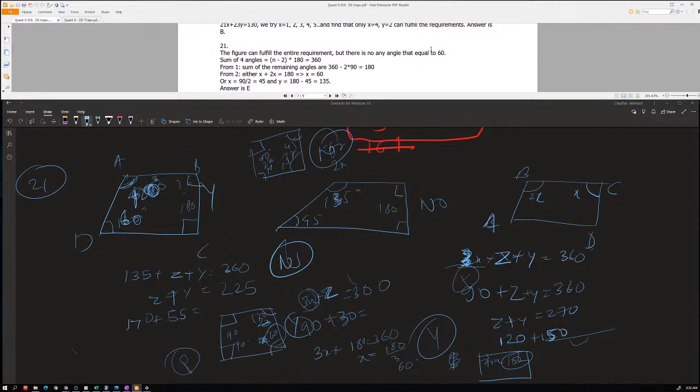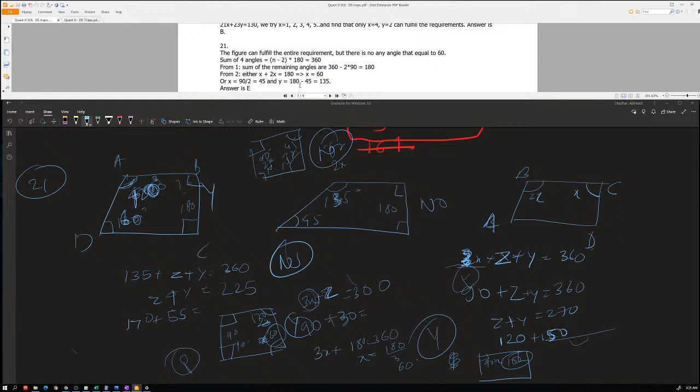So what is happening in the first case? x plus 2x equal to 180 degree. That is okay because they are on the same side. So x plus 2x equal to 180 degrees, x equal to 60 degrees, one solution where you get 60 degrees, that is yes answer. Or 90 by 2 is equal to 45, yes.